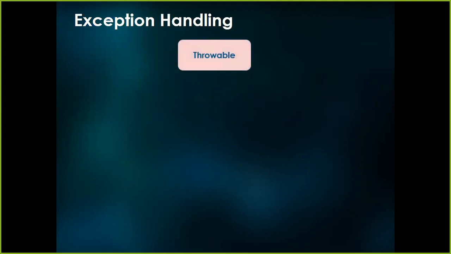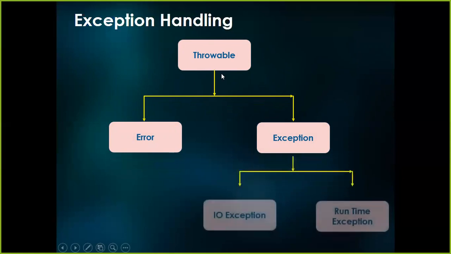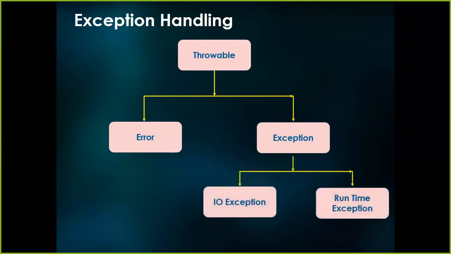Coming to these exceptions, we will receive messages which are of two types: one is error and the other is exception. These two are subclasses of throwable. Under exception, you will see IO exceptions and runtime exceptions.